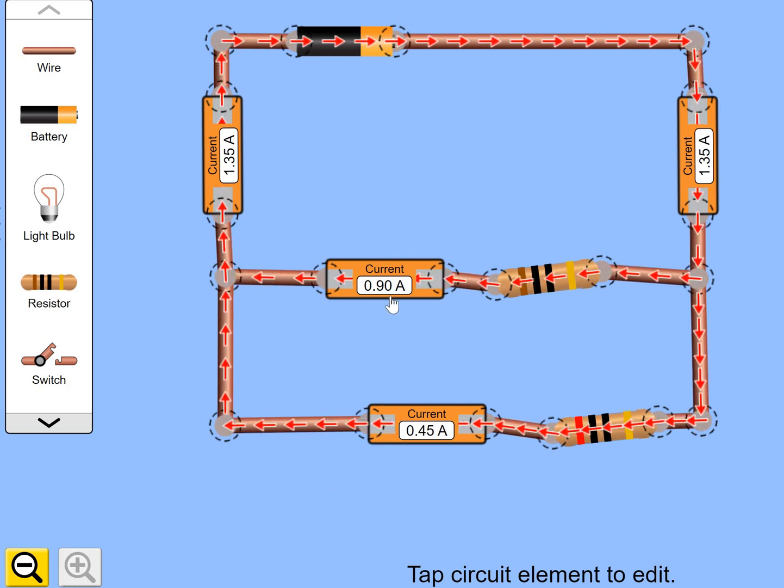However, 0.90 amps plus 0.45 amps always comes back to the total going out and the total amount of current flowing back in. So, rule number 4 is a parallel circuit, and the current splits between the branches of the circuit. That is rule number 4. That's the first rule for parallel circuits.